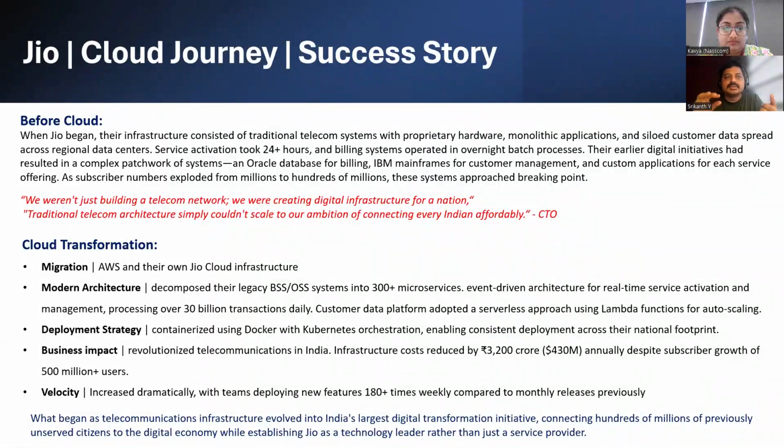In this case, it is a hybrid approach that Jio has taken. They have an AWS migration story, as well as their own Jio cloud infrastructure. At some point they might compete, but currently it's a hybrid. Jio cloud infrastructure is not available to the public, unlike AWS, but they have a hybrid setup.